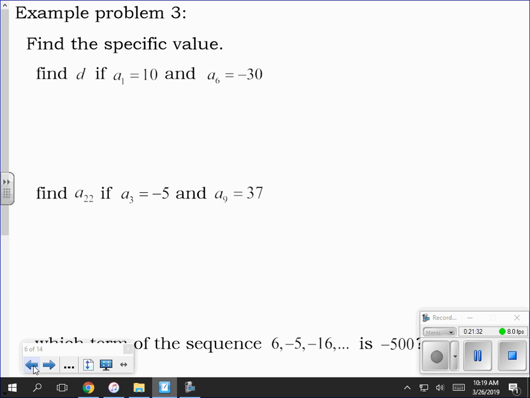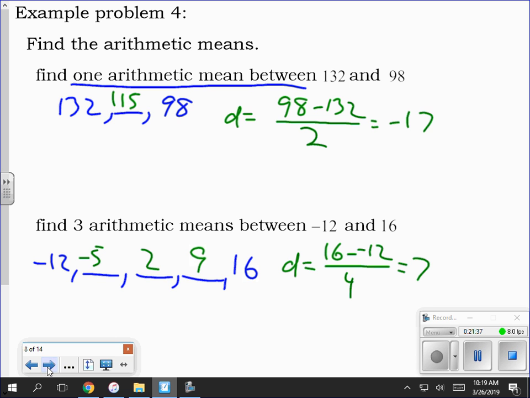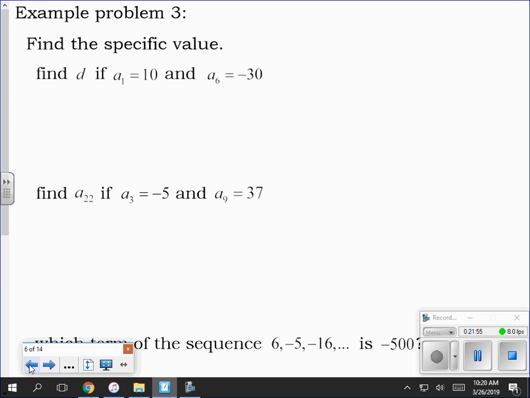Because the ones we did before didn't tell me where they were in the sequence. They didn't say this is the 3rd one and that's the 5th one, find the 4th one. They didn't say this one's the 10th, that one's the 14th. They just said, hey, they're 4 apart. They're 3 apart. They're 2 apart. That's what we did. We didn't know exactly where they were. Here we know where they are, which actually gives us a little bit of a hand.